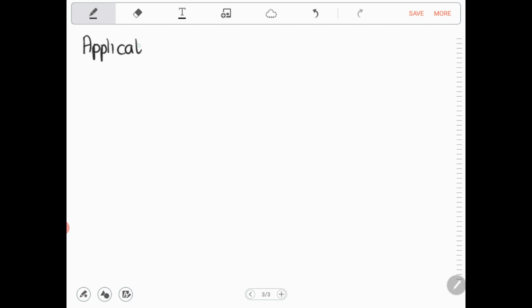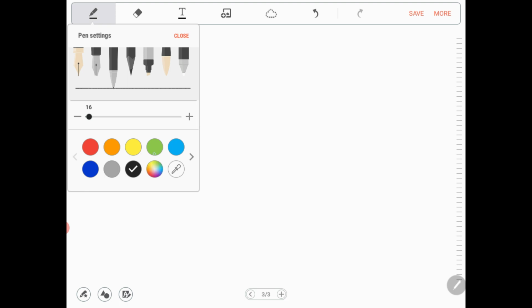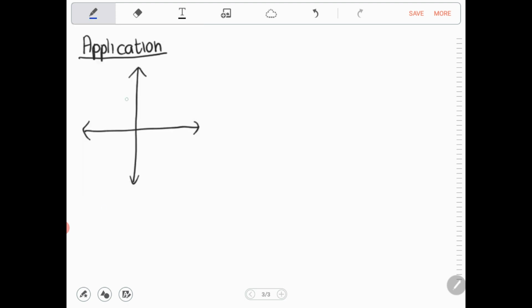All right, we can move these off to an application, so not just find the length. So we could have a triangle on a set of axes. So say C is negative 2 and 6, B is 5 and 7, and A is 2 and 3.